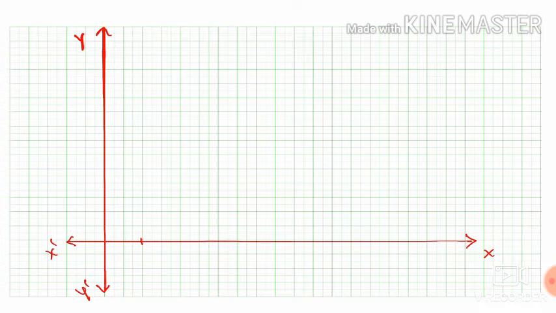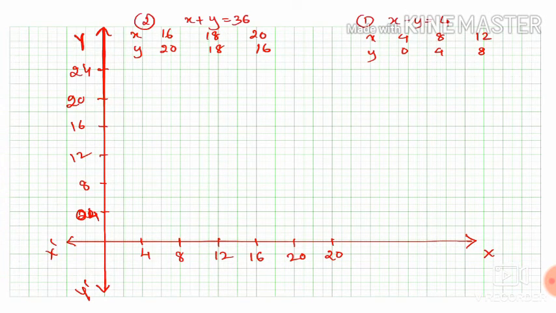like 2 centimeters equal to 4 units on x-axis, and on y-axis also you can choose the same scale, 2 centimeters equal to 4 units. Plotting the first point of the first equation, it is 4, 0. It will lie on the x-axis.